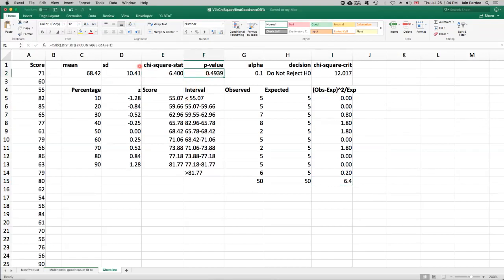I can calculate a p-value. The degrees of freedom here is the number of intervals minus the number of parameters we use to estimate the normal distribution. And we use 2 here: the mean and the standard deviation. So that's what this 2 is in the formula, and then minus 1 as usual.